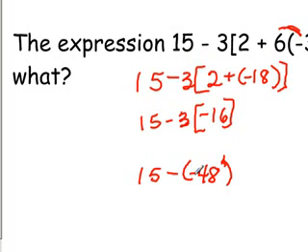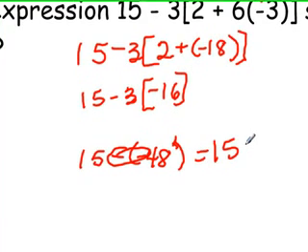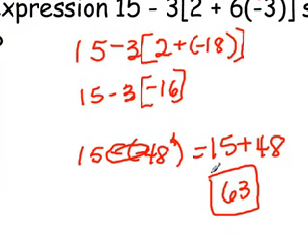Back in Algebra 1, we learned that 15 minus a negative 48, when you have two negative signs together, that's a new problem now: 15 plus 48. And 15 plus 48 is going to give us 63. So 63 is our answer.